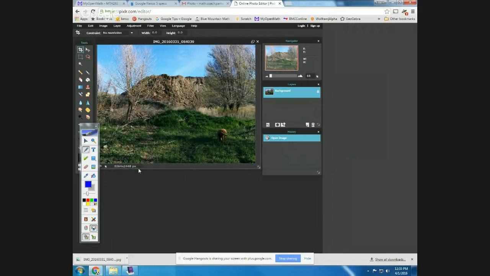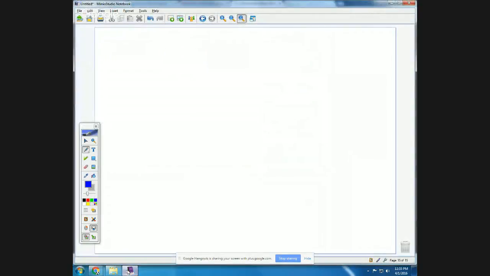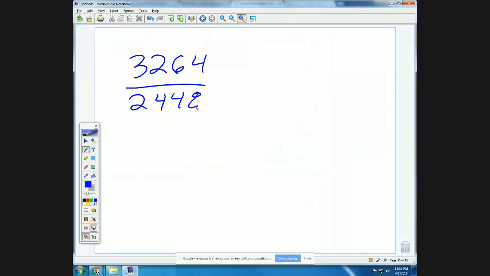So let's see what kind of aspect ratio that is. So let's see, can I remember those numbers? 3,264 and then 2,448. So 3,264 over 2,448. So whip that into your calculator and see what it gives you when you do the division. You right there, Brady?